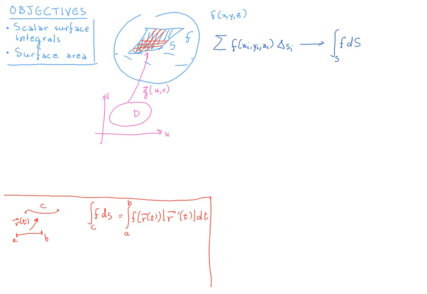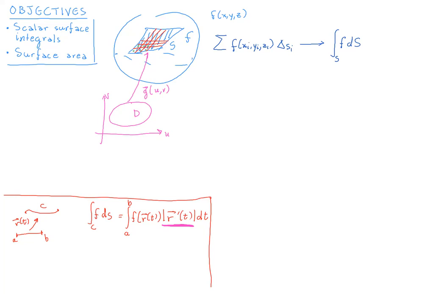Now the formula is going to look very similar, except that we have to ask ourselves, what was this approximating in the case of the paths? The answer is the length of the path, and if we take the integral over a small part, that would have given us exactly the length of the path.